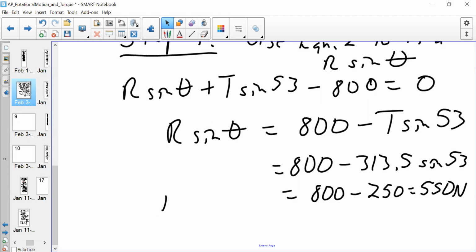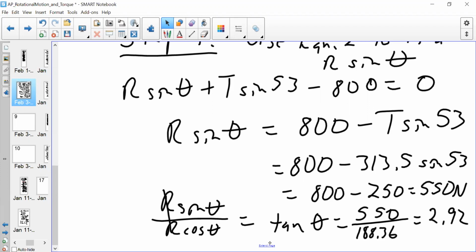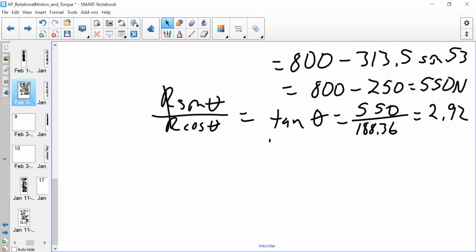Now the ratio, r sine over r cosine, which is basically tangent because the r's cancel out there. 550 over 188.36. That's 2.92. So basically, tangent of theta, the r theta, is 2.92.